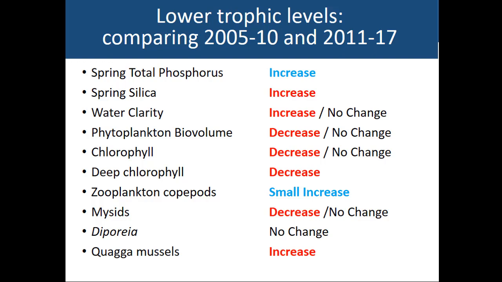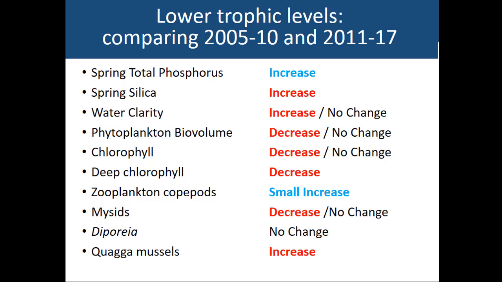Note that quagga mussels are increasing mostly in the deep waters. As we know from the studies in Lake Michigan, they have mostly access to the water column in the spring if they are in deep waters. So I think that is the reason why we still see declines in all these indicators of spring phytoplankton, spring chlorophyll, deep chlorophyll layers, decrease in diatom blooms.